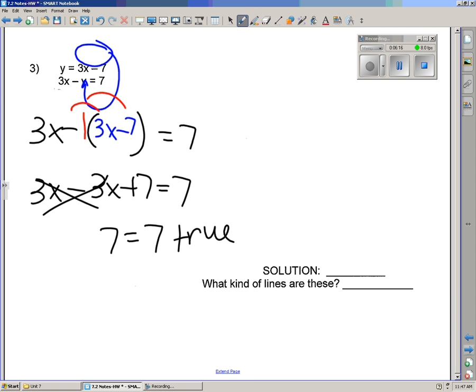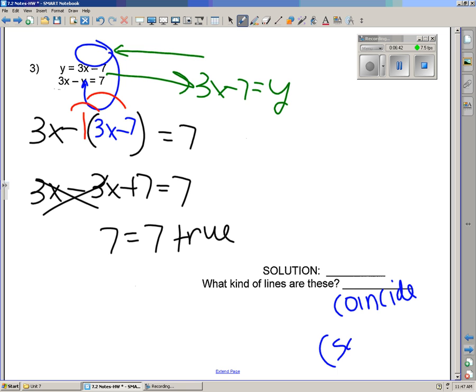It turns out that when you have a true statement, the lines happen to be coinciding lines. For example, if I were to take the second equation and solve it for y, I could add y to both sides and subtract 7 from both sides. And what you should notice is that these are the same exact equations. So these are lines that coincide.